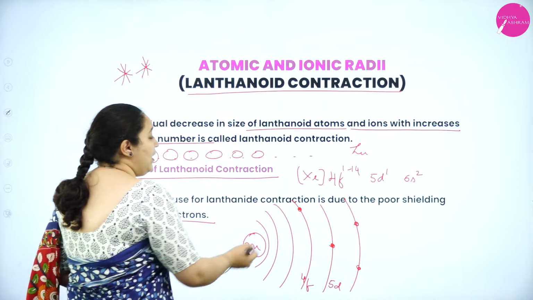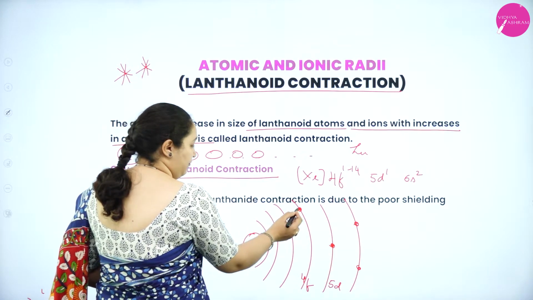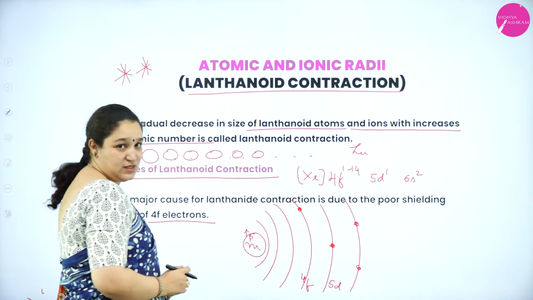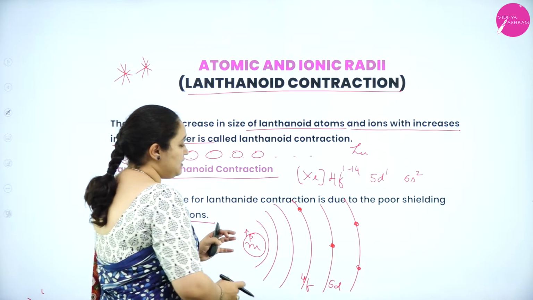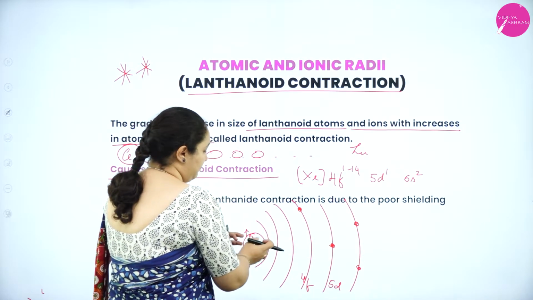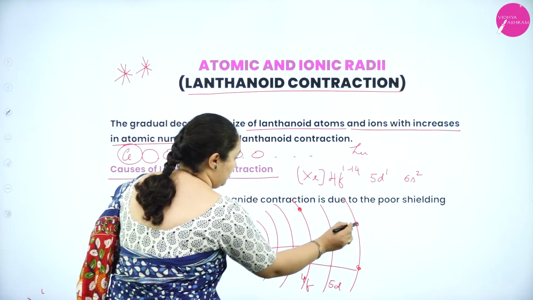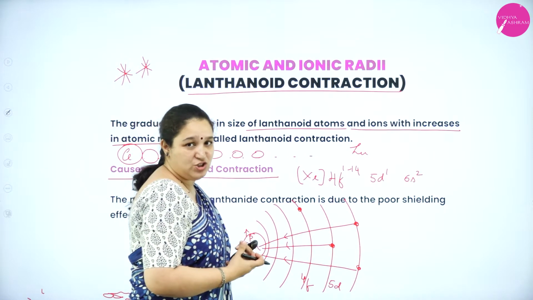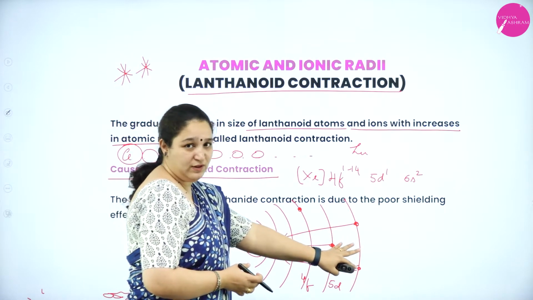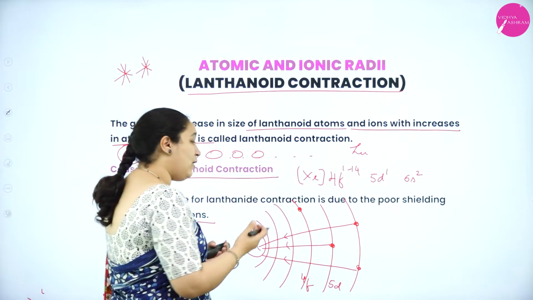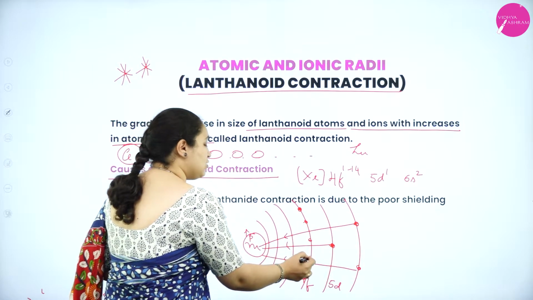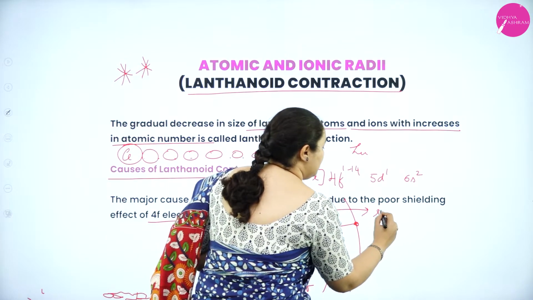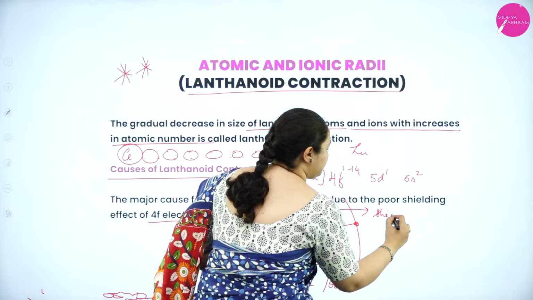Okay. Now as the electrons are getting filled up in 4f, the number of protons is also increasing. So what happens is the outermost electrons are being pulled quite well towards the nucleus. That is, they experience a good effective nuclear charge. And also, these f electrons have poor shielding effect.